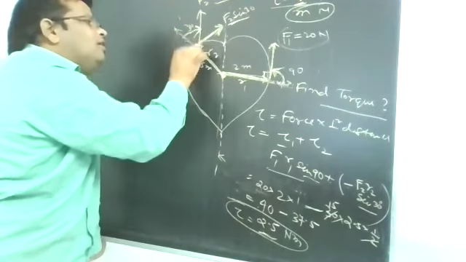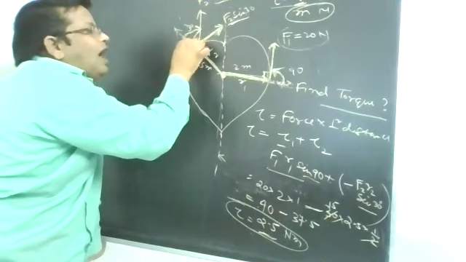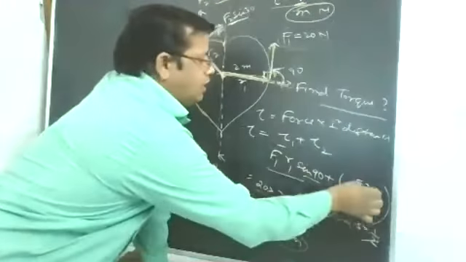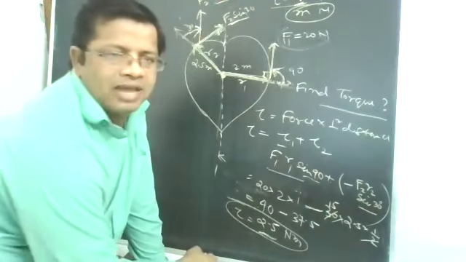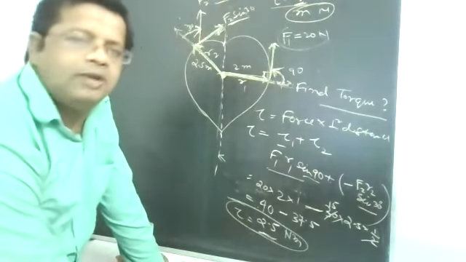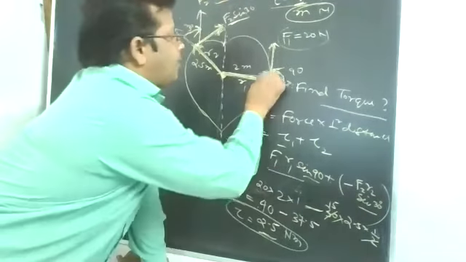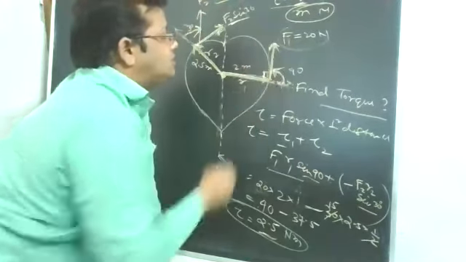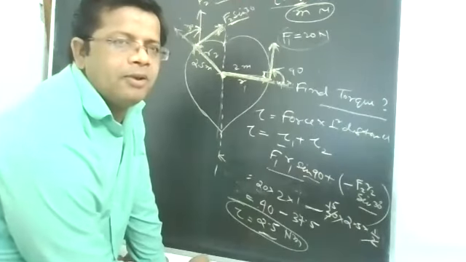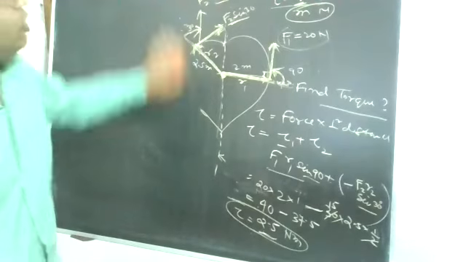We have to take the component perpendicular to this vector. Perpendicular to R2 is F2 sin 30. That's why F2 sin 30 into R2. We have to take the perpendicular component of force into distance. Here also, perpendicular force into distance. Getting? Perpendicular component of force into distance from the axis of rotation.